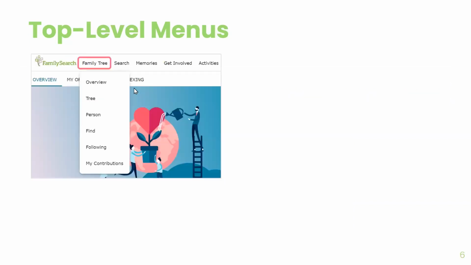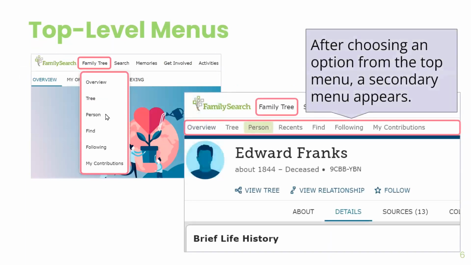When you click any item in the top level menu, you will get a drop-down. When you click any item in the drop-down, notice that it takes you to that item, but it also displays a secondary menu, with almost always the same items on the secondary menu. But you probably notice here that Recents appears here, but it did not appear in the drop-down.